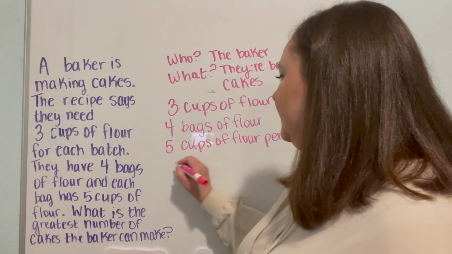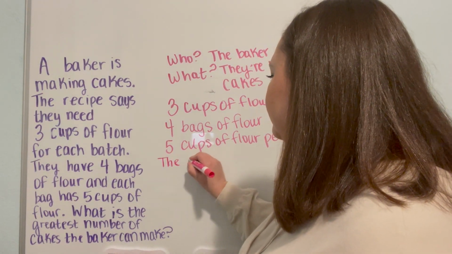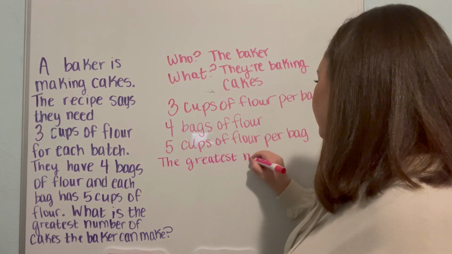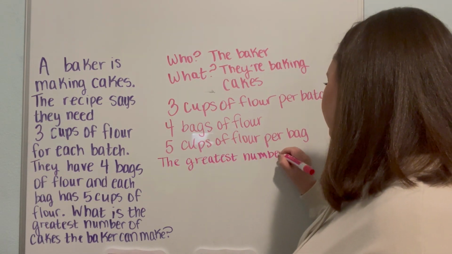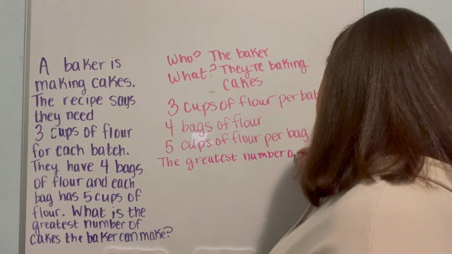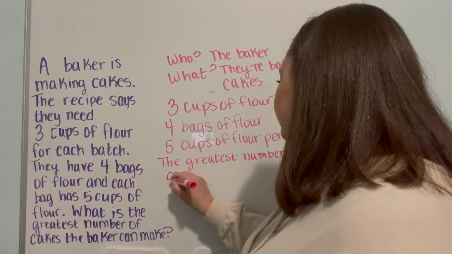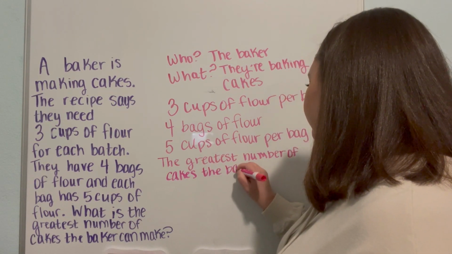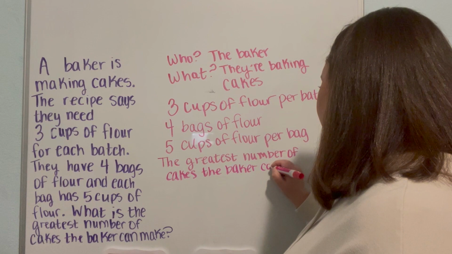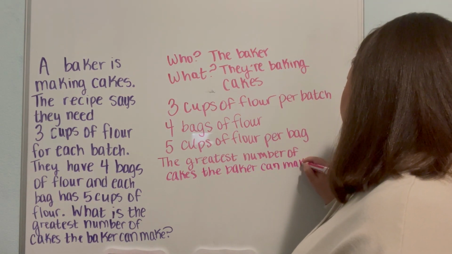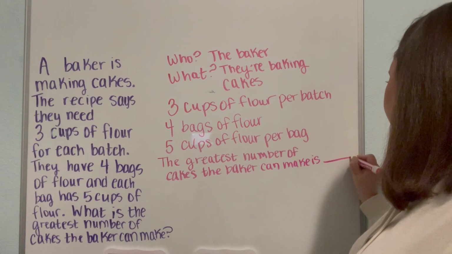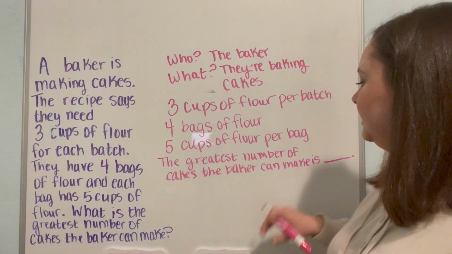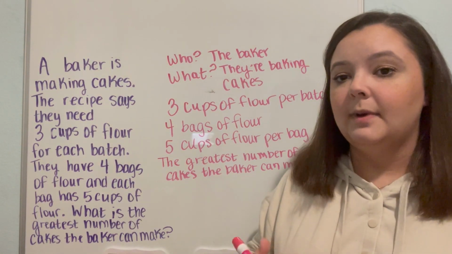I'm going to say the greatest number of cakes the baker can make is blank. So that way, when I'm finished, I can take whatever my answer is and I can put it here to make sure that it makes sense for my problem.